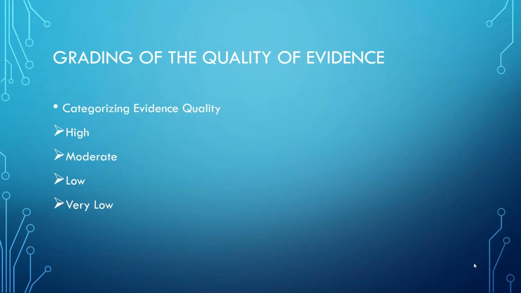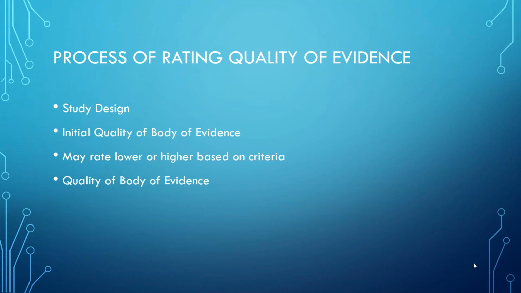It's a little different from the process we've used in the past. We've looked at evidence, but it's not always been used in a format where we actually have to grade it, decide if this is good or bad, and assign a numerical value or a numerical name to it.